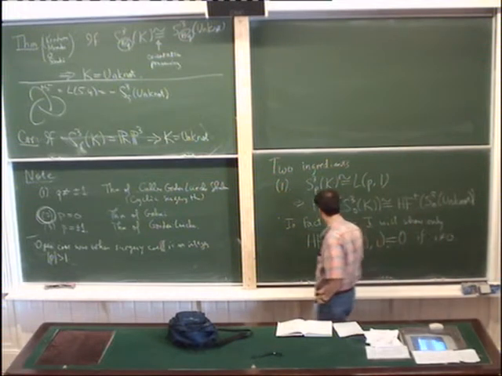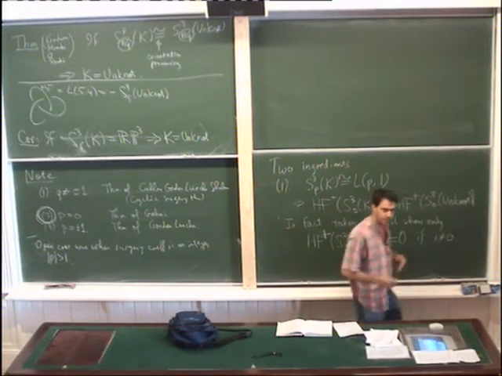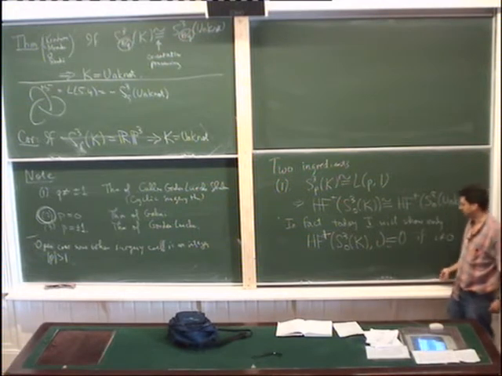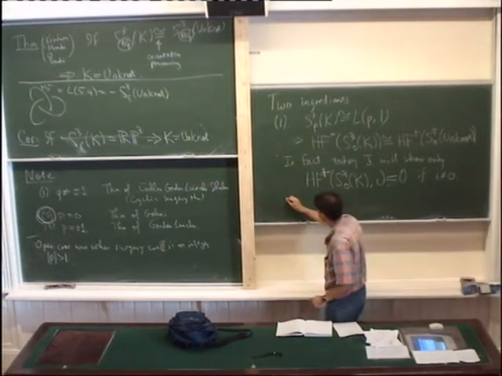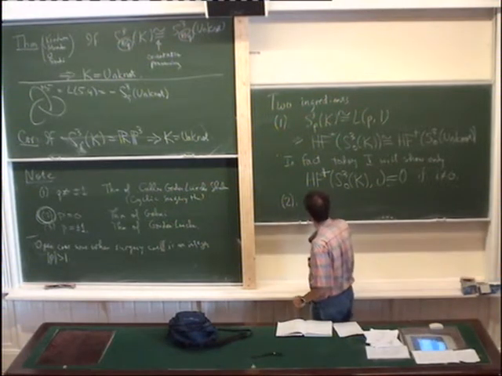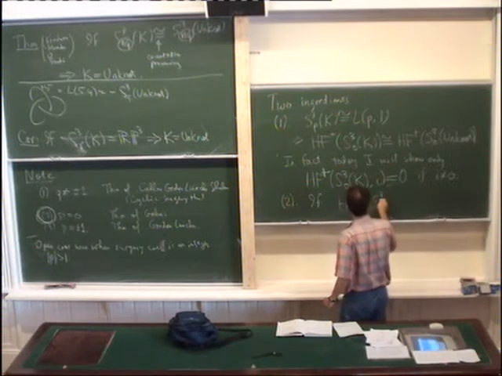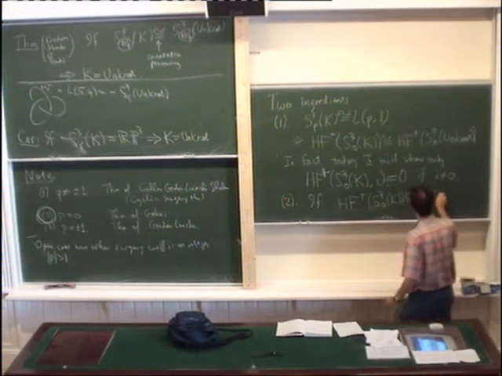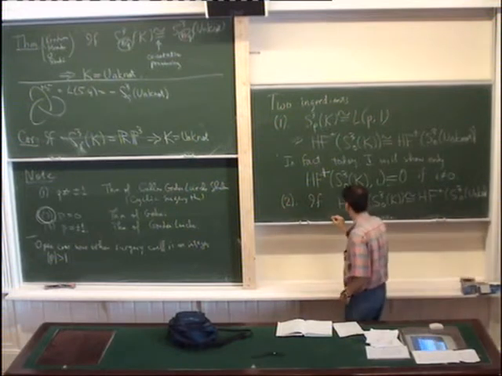So the Heegaard Floer homology of the zero surgery in all the non-trivial spin^c structures is trivial. And that's what I will show. And the second step is to show that if HF^+ of S^3_0(K) is HF^+ of S^3_0 of the unknot, and this is going to sound silly, then K is the unknot.